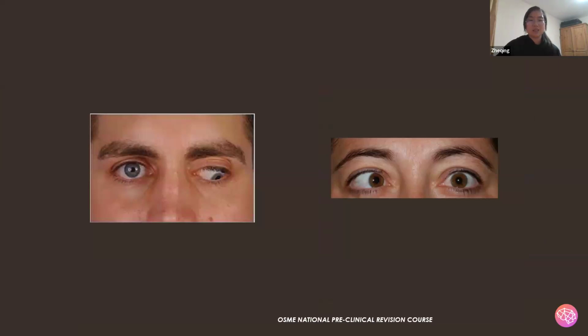Okay, so can someone tell me what they can see in the image on the left? What is abnormal about the eyes for the left image? You can type in the chat. Or if you already know the lesion, you can also just tell me what you think the lesion is, like which nerve is affected.